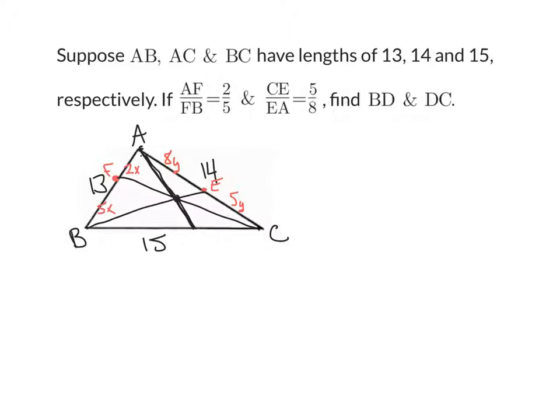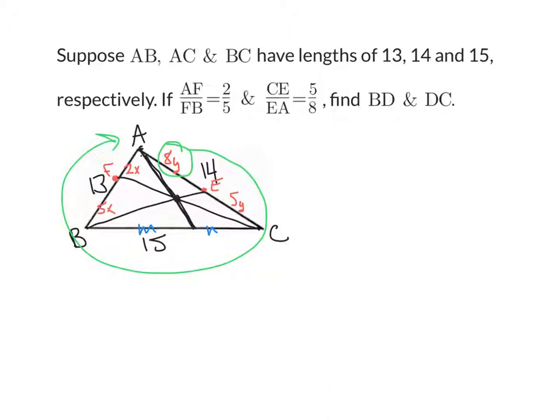In doing so, that divides up side BC, so I'll just call these sub-segments here M and N. Now, when you're setting up Ceva's theorem, it's important to start at one of these little sub-segments and set up your fractions, working your way around the triangle.